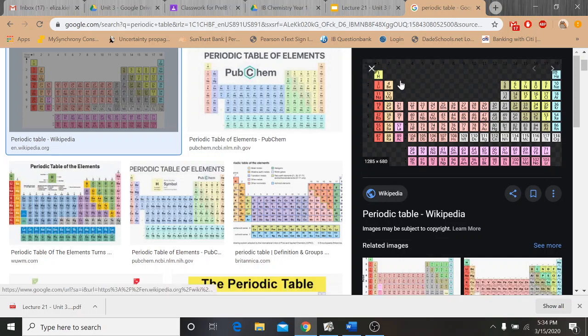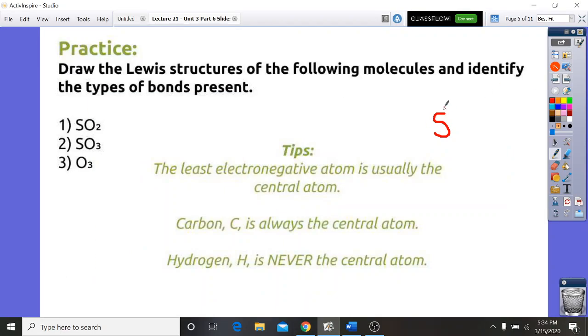That means that if it increases across, then O and S are in the same period, so I'm not sure yet who's stronger, but it decreases down. Therefore, S has a lower electronegativity value than O, and it goes in the center.